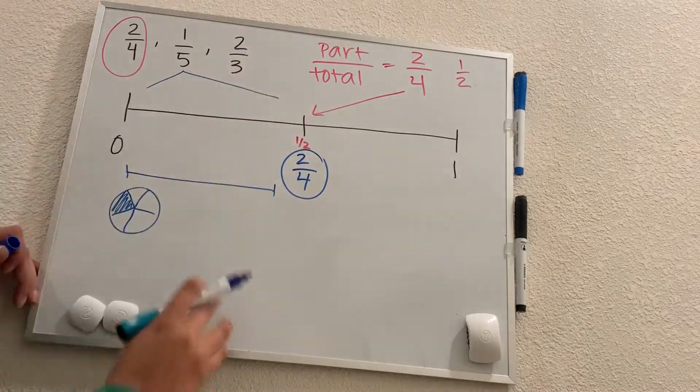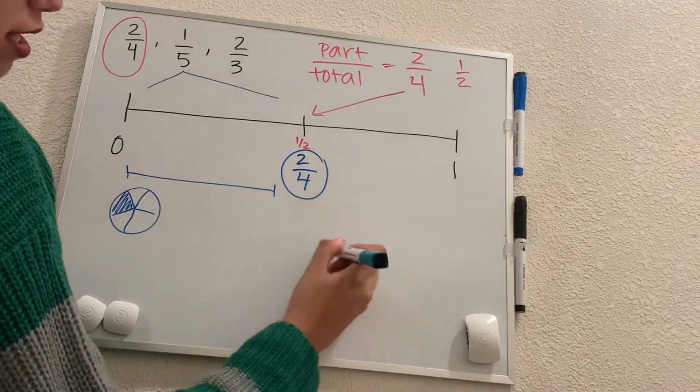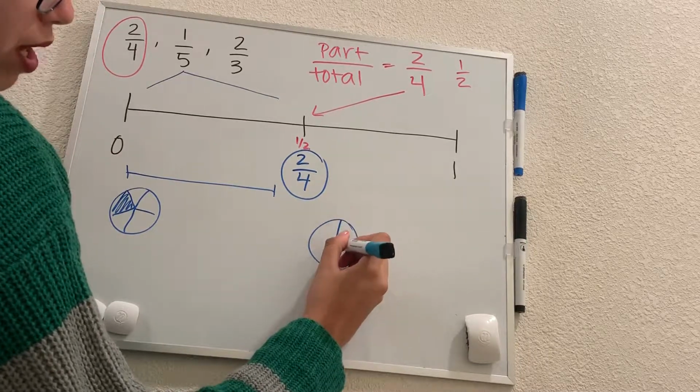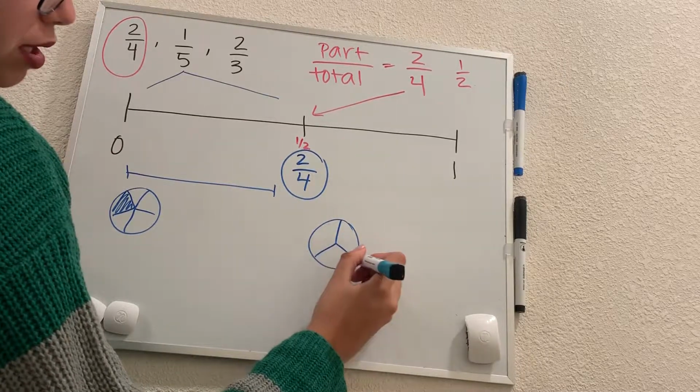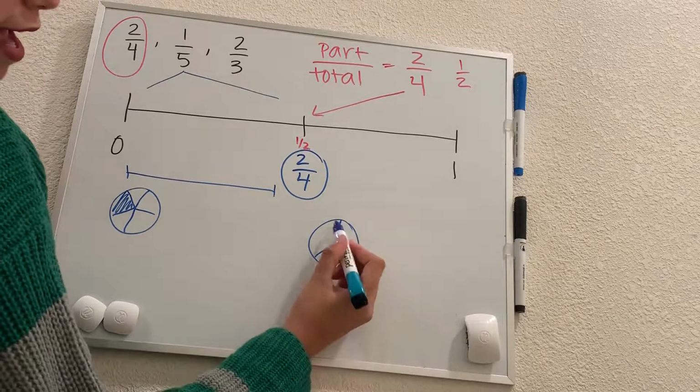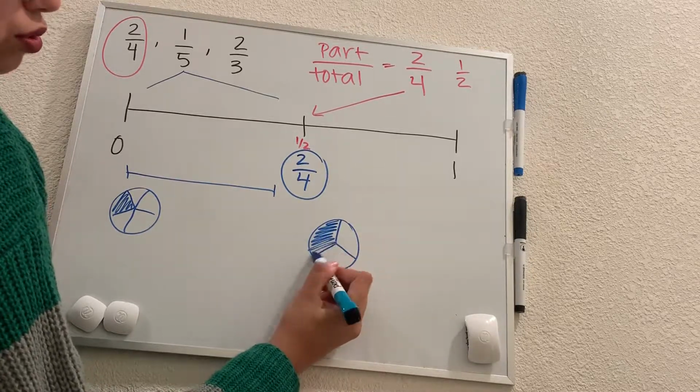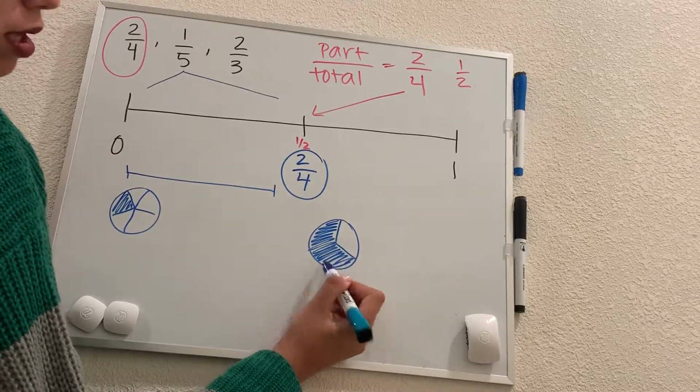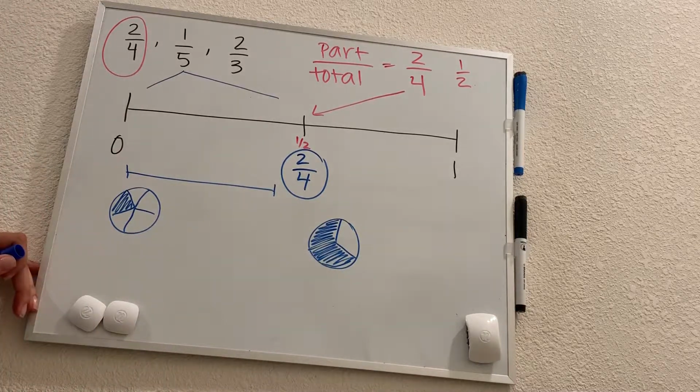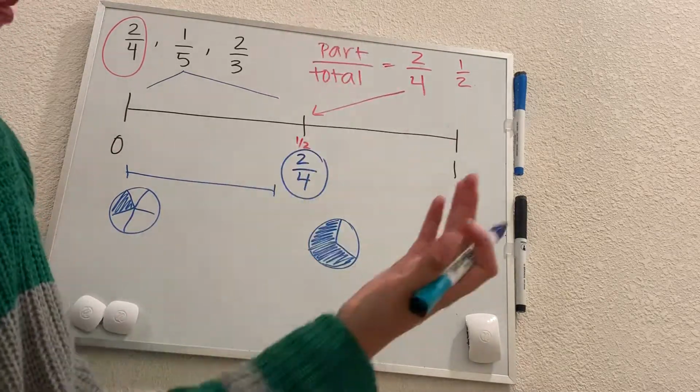Next, think about 2/3. If I had a pie and it was split up into 3 pieces and I filled in 2 out of the 3, is that more or less than half? Exactly, it's more than half.